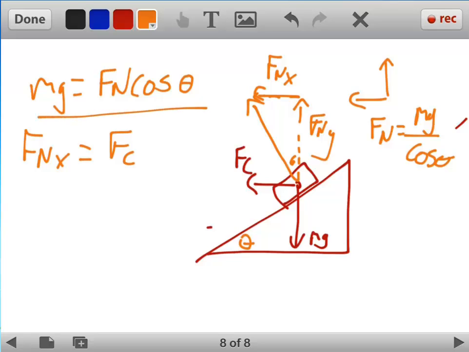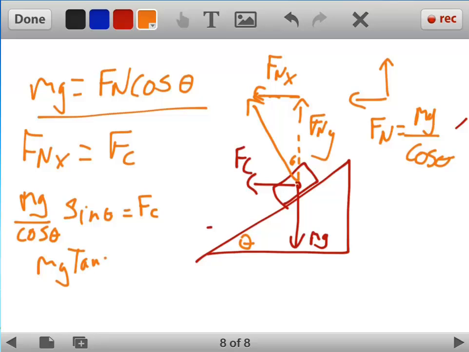Then I can say mg divided by the cosine of theta, but now I want the x direction, so times the sine of theta is equal to the centripetal force, and so I get mg tangent theta equals mv squared over r. Mass is gone, so I get g times r times the tangent of the angle is equal to v squared.